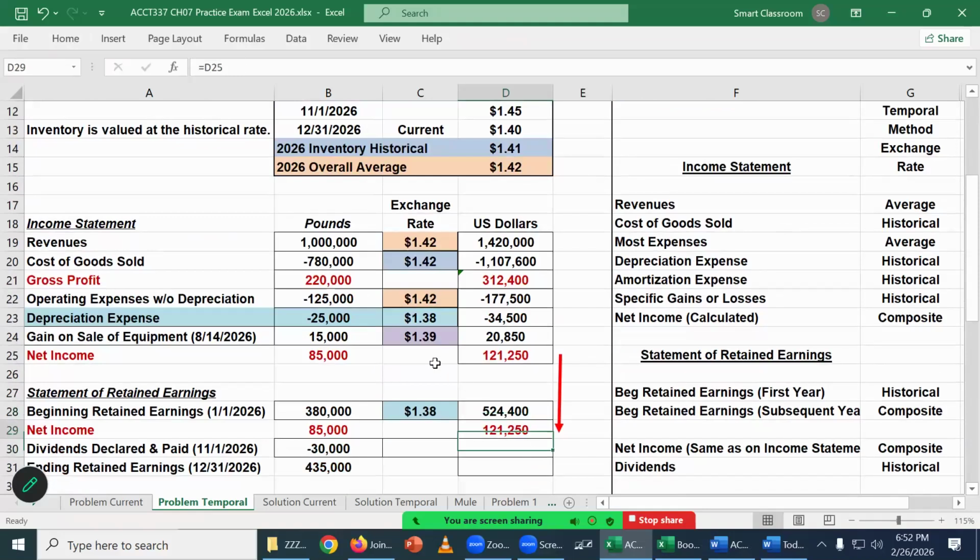Net income it's already a composite. Actually, both these would be composites. That's a composite. This is a composite. This will be a composite.